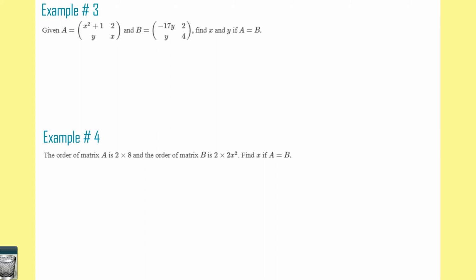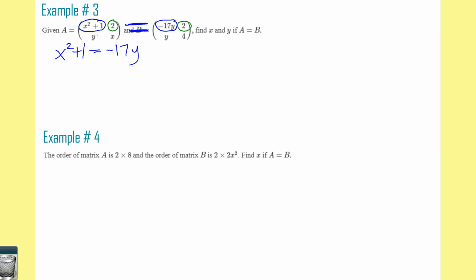Okay, so for example 3, we know that A equals B, so these matrices must be equal to each other. Well, if they're equal, then the elements in the exact same location must be equal. What I mean by that is x squared plus 1 must equal negative 17y. That's this one and this one. Then I know the second one here, well, that's 2 equals 2.